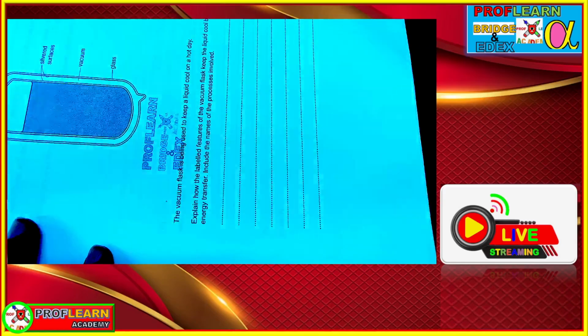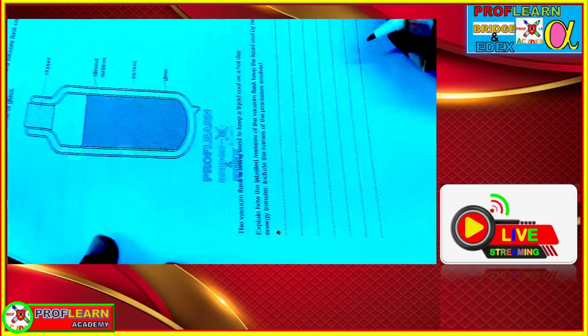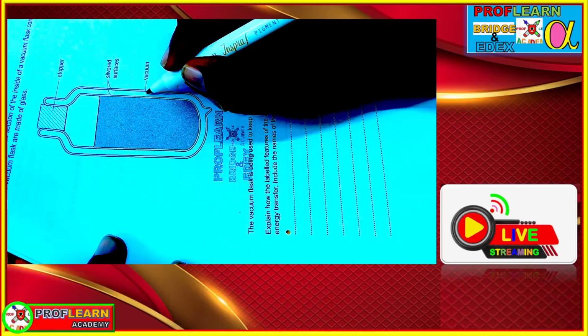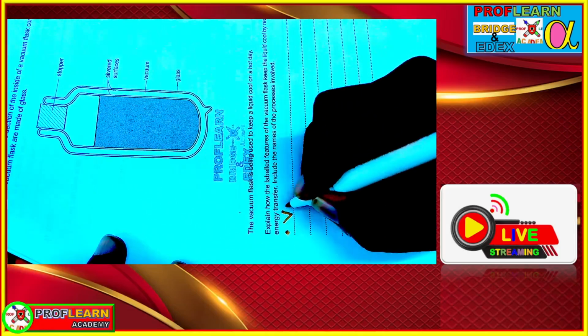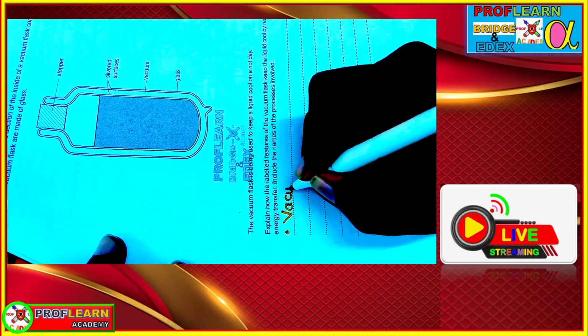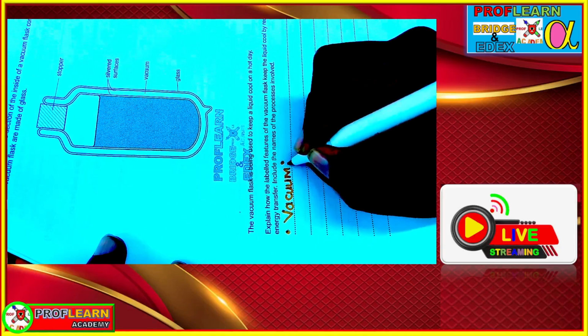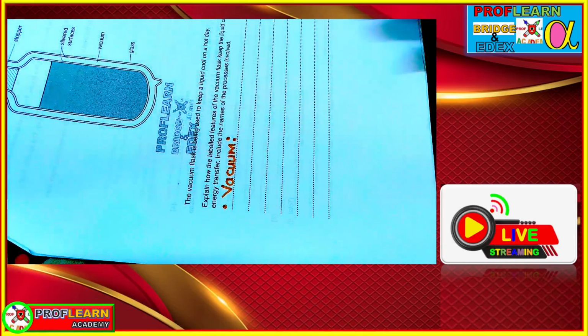So, number 1, we have a vacuum. A vacuum is one of the features that reduces energy losses.